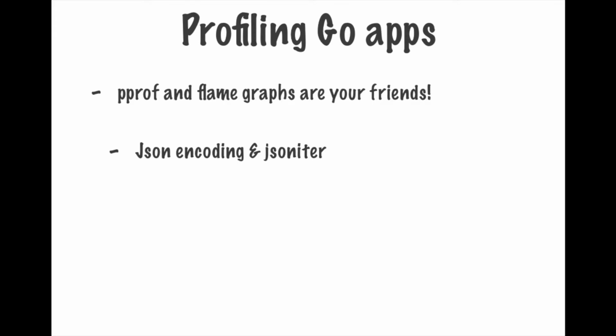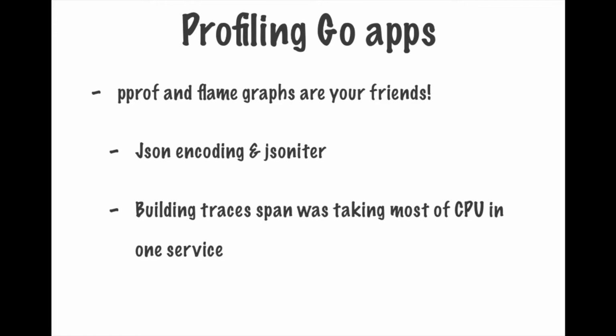So one of our findings is that in our logging library, we replaced the standard library JSON with jsoniter, because it was one of our most CPU consuming operations. And also with pprof we were able to find out that building the traces, because one of our colleagues before Black Friday was trying to introduce distributed tracing, and building the SQL traces was taking most of the CPU in one of our services.